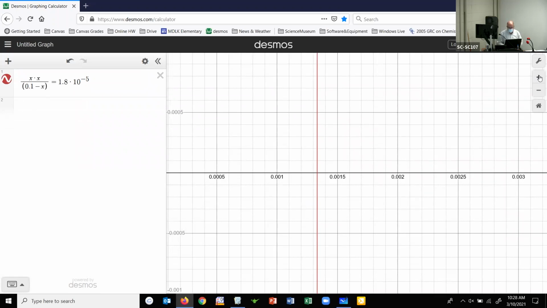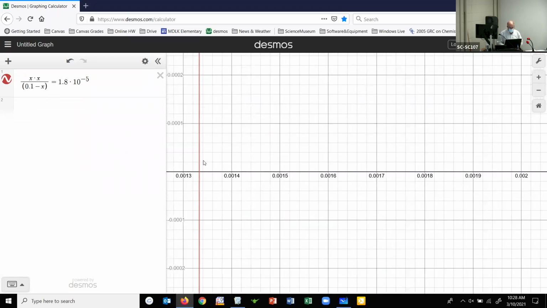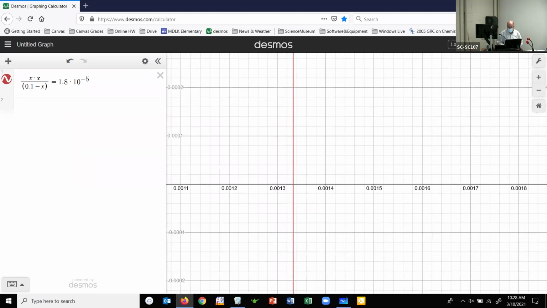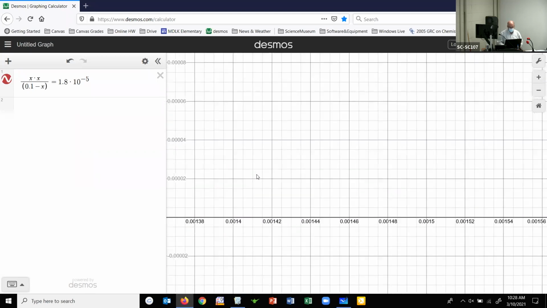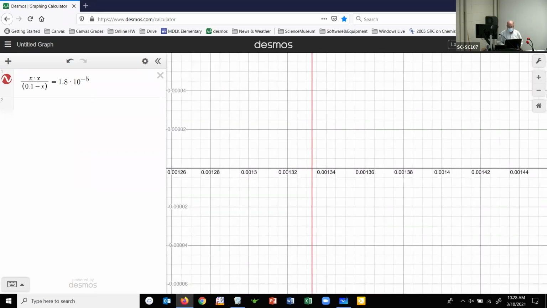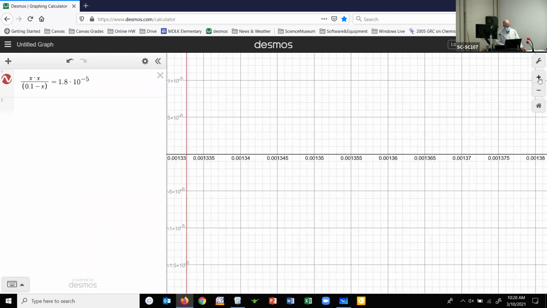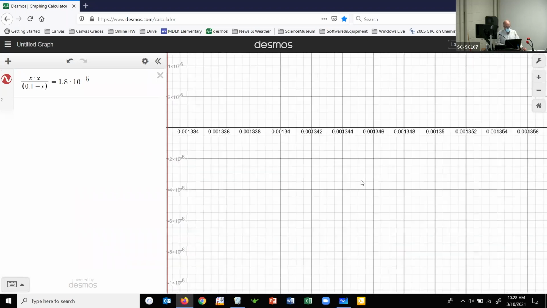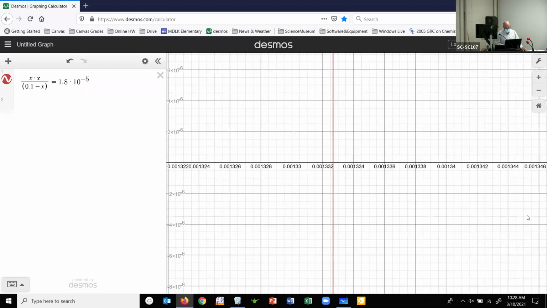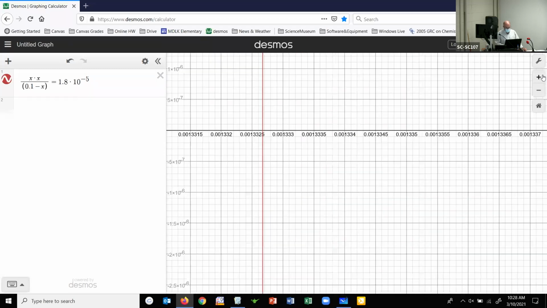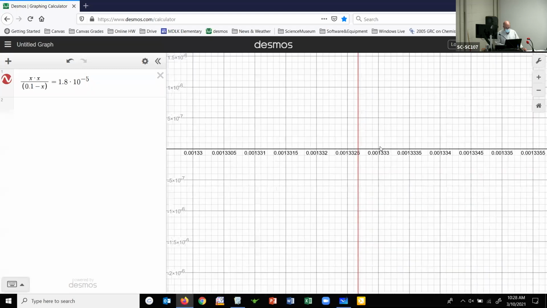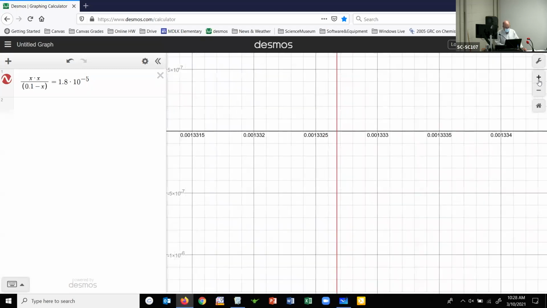I just wanted to verify it for you, and that prints our data: 0.00133325.